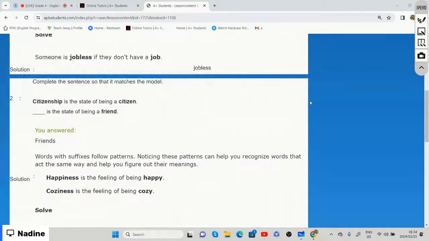And then we have citizenship. Citizenship is the state of being a citizen. Now, what is the state of being a friend?